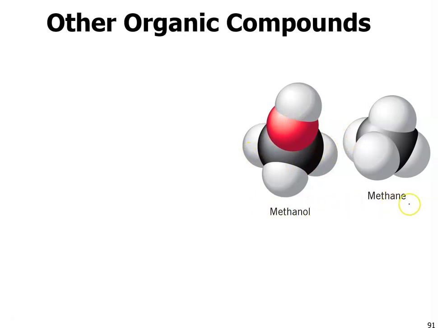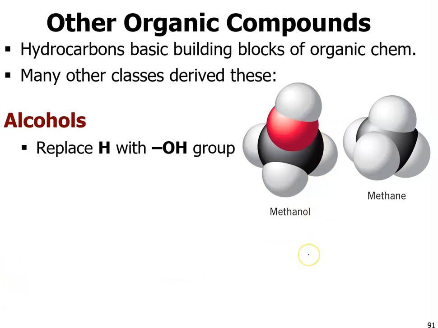If we had ethane and we add the alcohol group, it's ethanol. Propane, it's propanol. Butane, butanol. So that's kind of how we name some of the simple organic compounds. These are the classic building blocks of organic chemistry and the starting point for talking about organic chemistry.